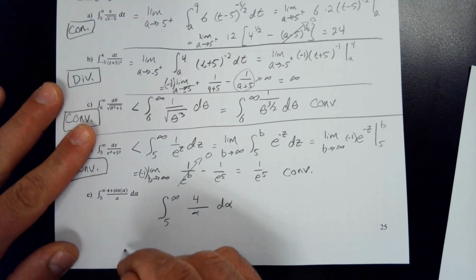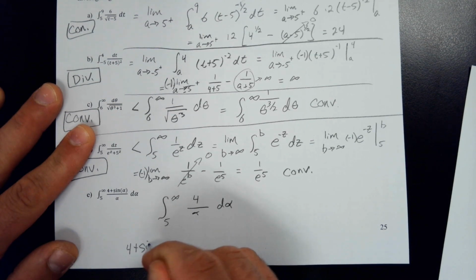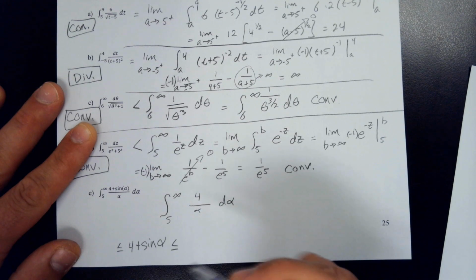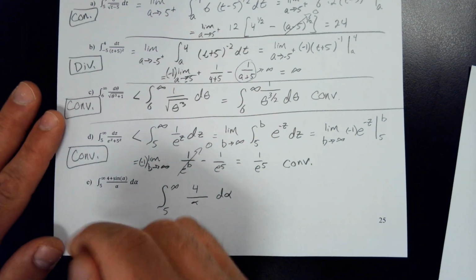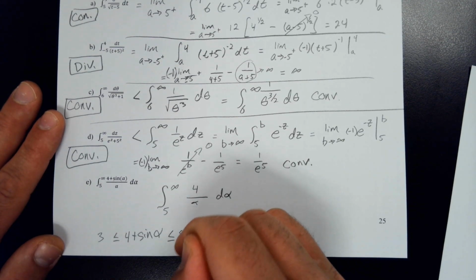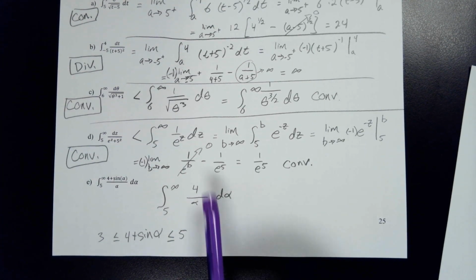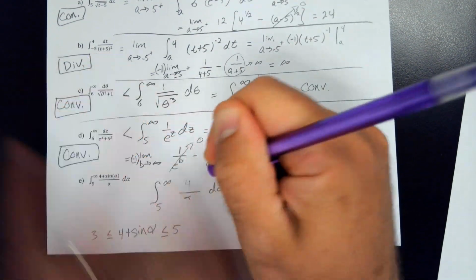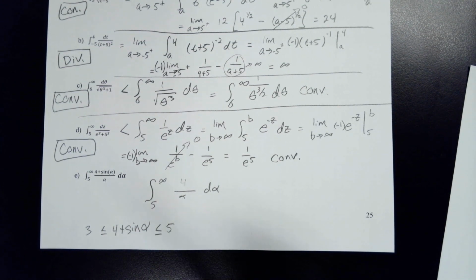In fact, I know that 4 plus sine alpha is sandwiched somewhere between 4 plus a -1, which would be 3, that's the smallest it could be, or 4 plus a +1, which is a 5. So maybe that 4 over alpha isn't what I want. Maybe I want to use the 3 or the 5.